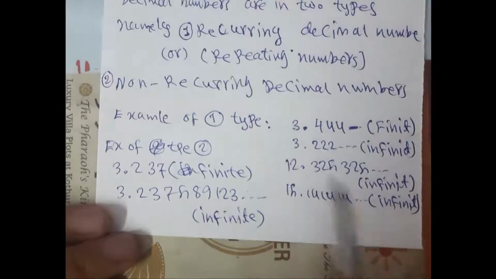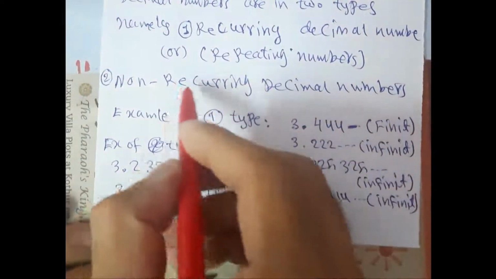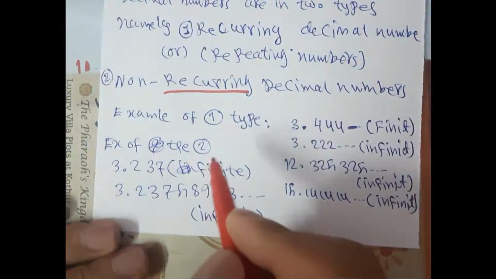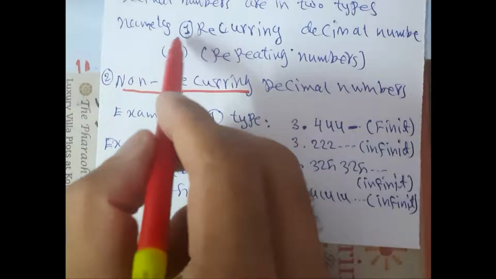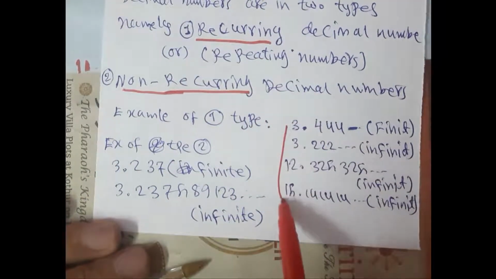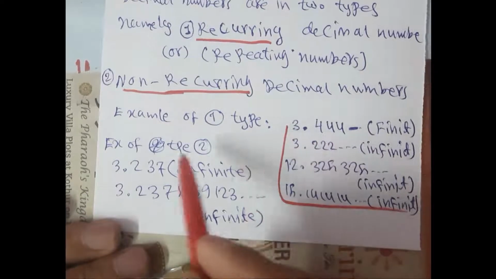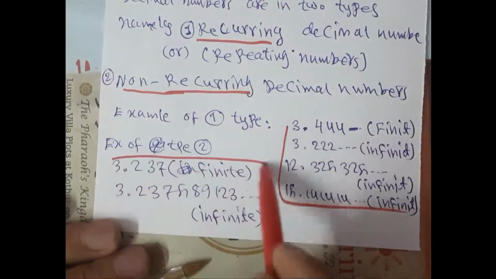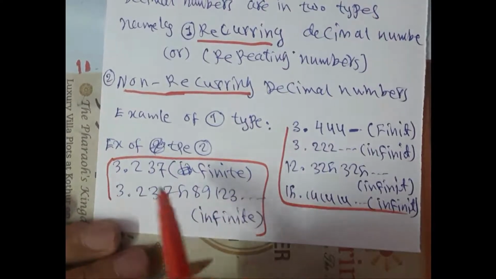We have two kinds of decimal numbers: recurring decimal numbers and non-recurring decimal numbers. These are types of recurring decimal numbers, repeating decimal numbers, and these are types of non-recurring decimal numbers.